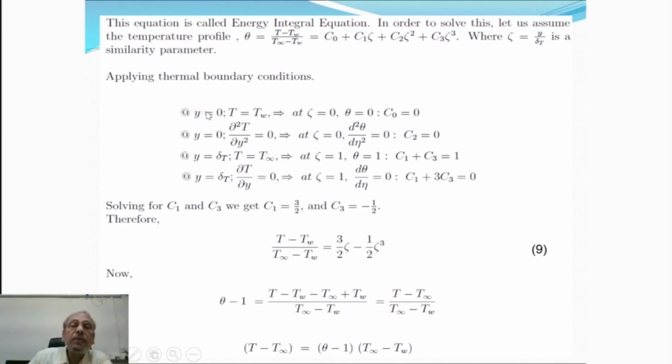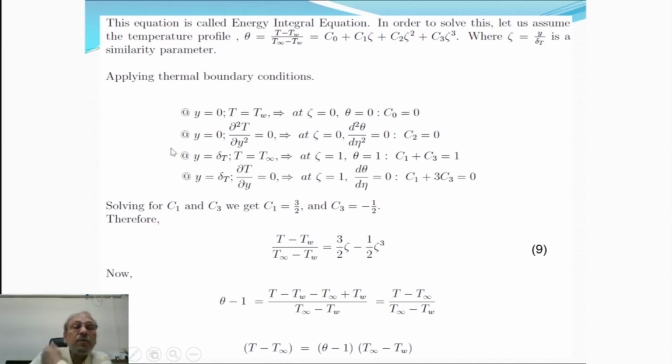Now at y equal to 0, we know T equal to TW, wall temperature. So at xi equal to 0, theta becomes 0, which gives directly C0 equal to 0.